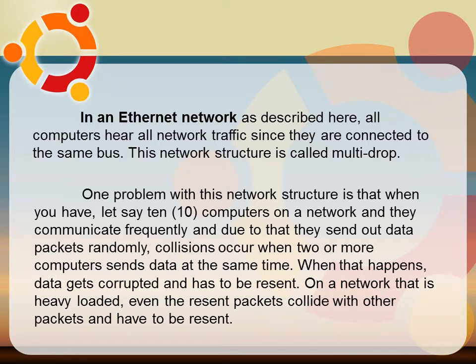When that happens, data gets corrupted and has to be resent. On a network that is heavily loaded, even the resent packets collide with other packets and have to be resent.